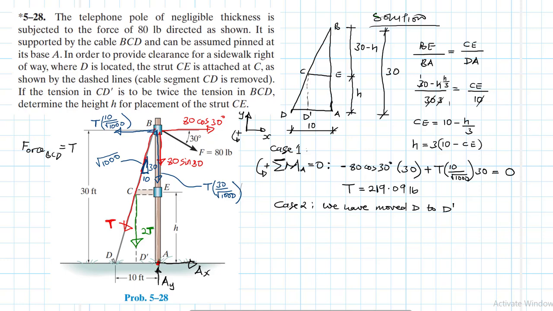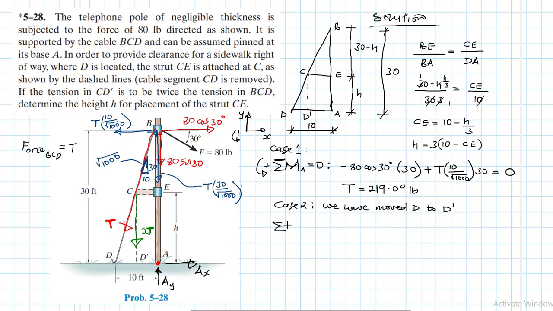So now let's take moments here due to the new cable. Okay, new cable, that is cable BCD prime. Okay, and we've been told the tension in CD prime is twice the tension in BCD. So taking again, in case number 2, taking moments about point A, due to the force CD prime, we are going to have this.